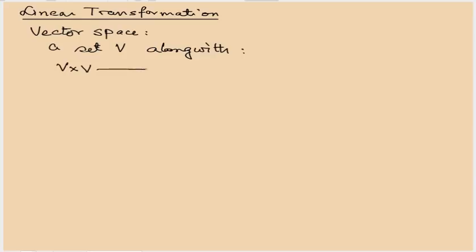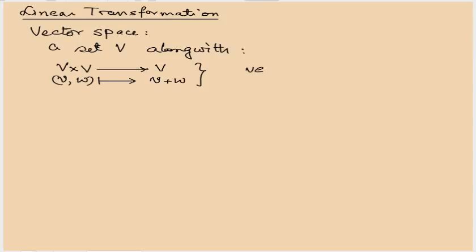Firstly, we have seen what a vector space is. Just to recall, it's a set along with two functions. One is a function which returns to every pair of vectors, we call the elements of V as vectors, its addition.